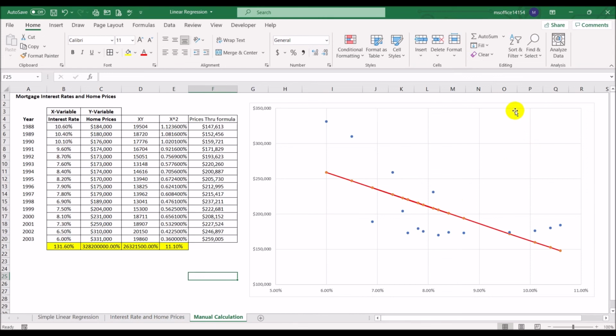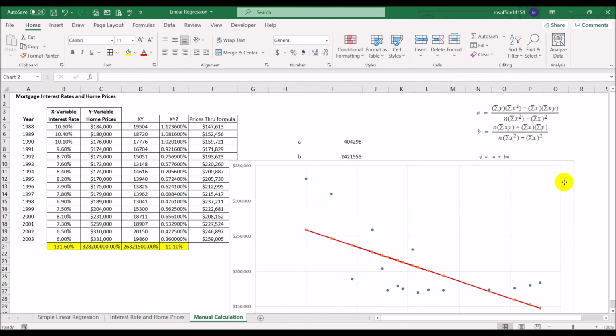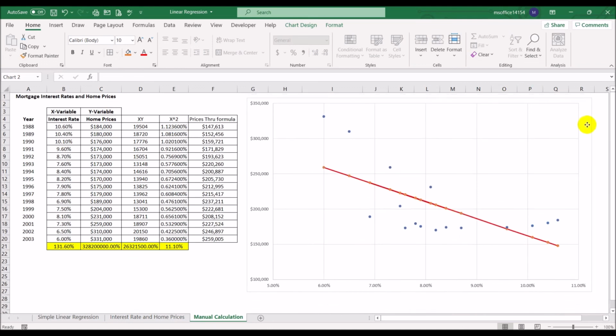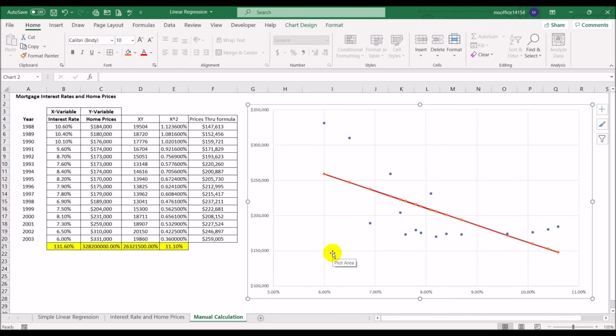And if we were to move this graph down a bit, that's the formula that it's using to create this trend line. And that's basically what your linear regression would be. It tries to explain what the response would be. In this case, when the interest rate changes, it predicts what the response would be for your home prices.